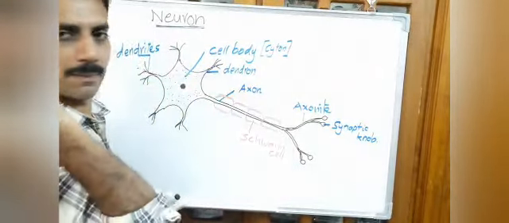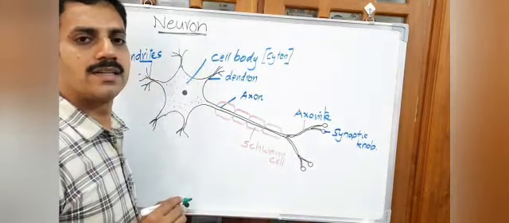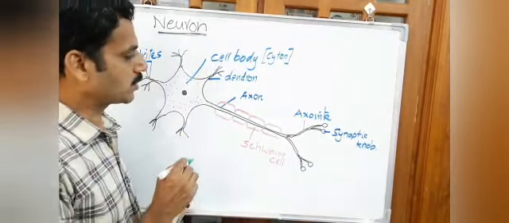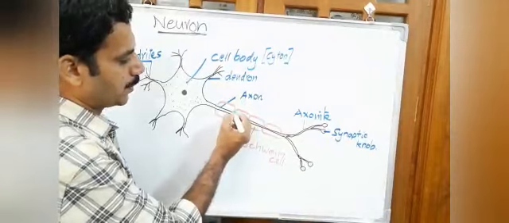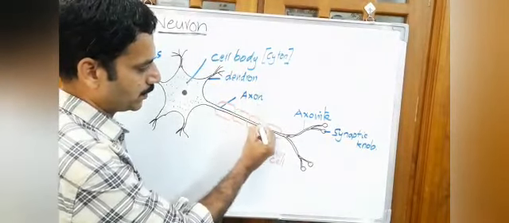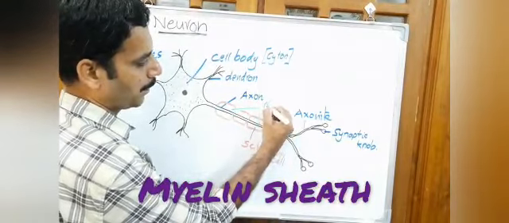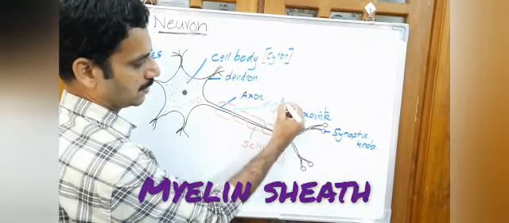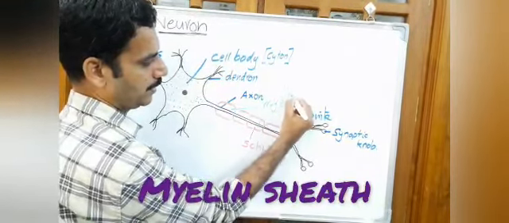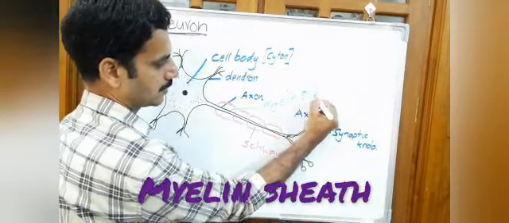The protective covering of the axon is called myelin sheath.